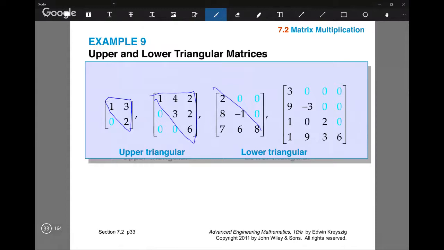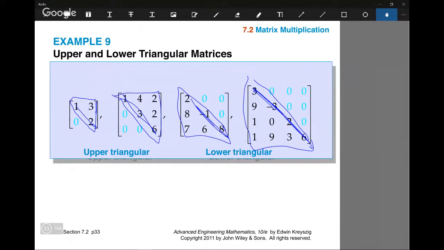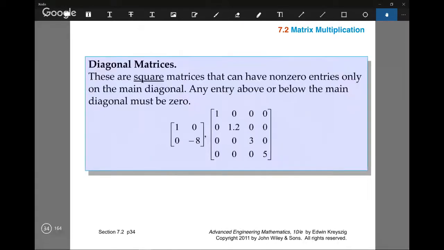This is a lower triangular matrix. This is also a lower triangular matrix. And these are, of course, the diagonal elements. These matrices will be important in solving linear equations. We'll see. Diagonal matrices, well, we already sort of said them, but diagonal matrices are those which have non-zero elements only along the diagonal. They have to be square.